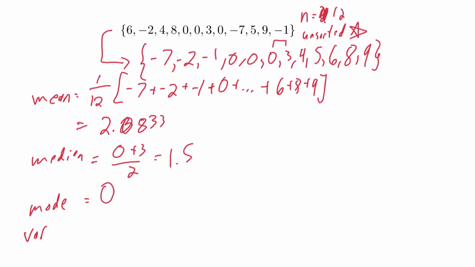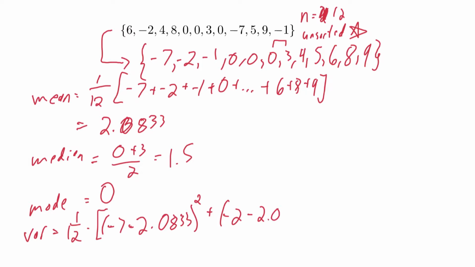And then we do the killer, the variance, multiply by 1/12. I do -7 minus 2.0833 squared, plus the next number, which is minus 2, minus 2.0833 squared, and so on until I get to the last number, 9.